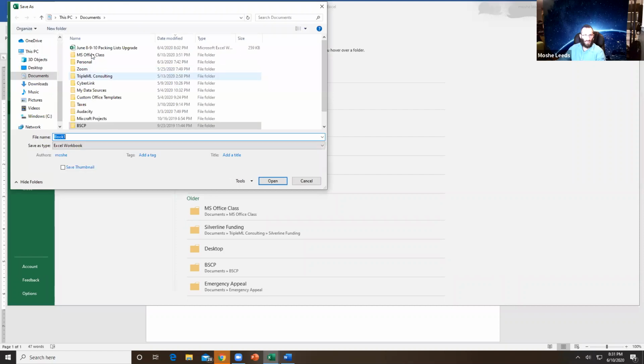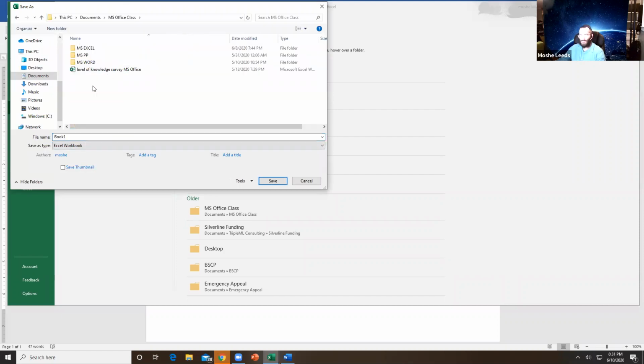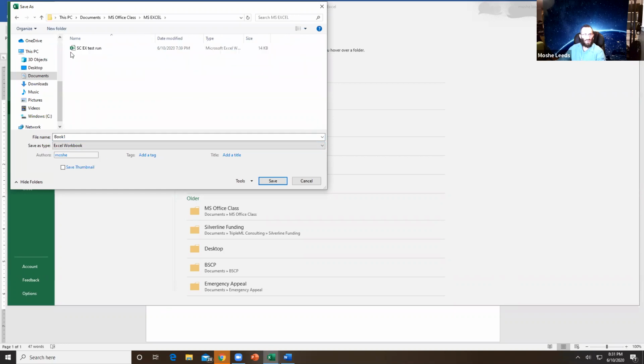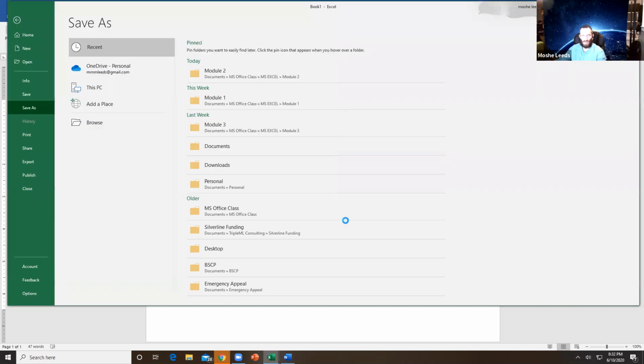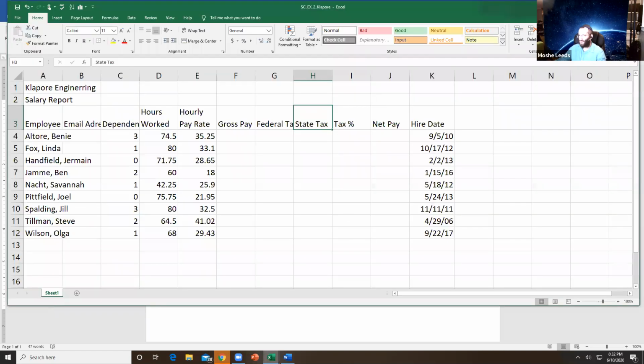Save it in my MS Office class, Microsoft Excel, Module 2, and we're going to do SC underscore EX underscore 2 underscore Klapor. Okay, remember here, make sure it's an Excel workbook. You could add a tag, add a title. I'm going to go ahead and save, and it will take me back to my work.